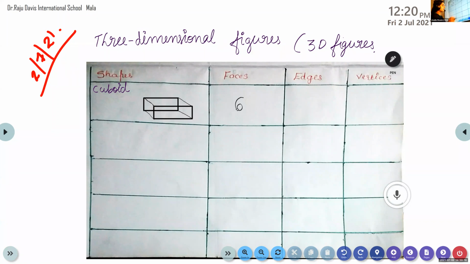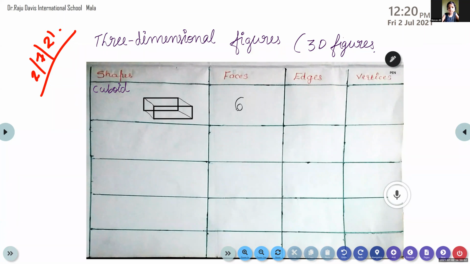Sia, please unmute. How many edges are there for a cuboid? How many sides? You can count and tell. All the sides of these rectangles are edges of the cuboid. So count how many sides are there for each rectangle.